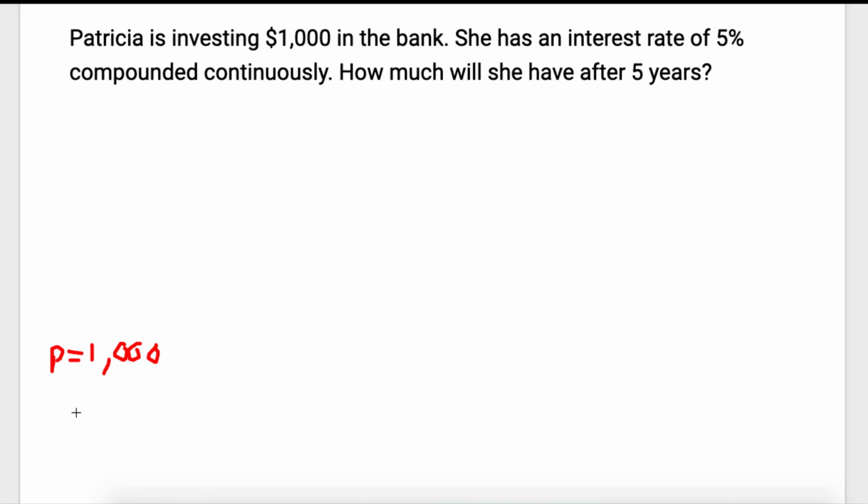We have a rate of 5% or 0.05, so R equals 0.05, and we want to know how much she will have after 5 years. So T equals 5. Once again, we're trying to find A.